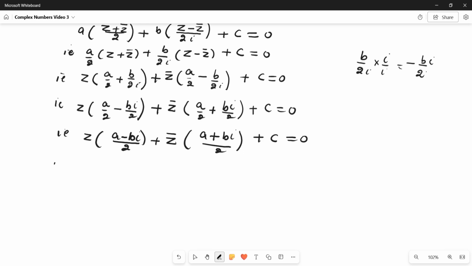Now let us suppose a plus b iota upon 2 is equal to alpha, a constant complex number.